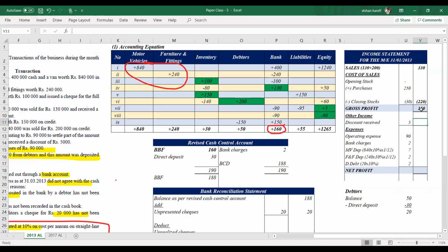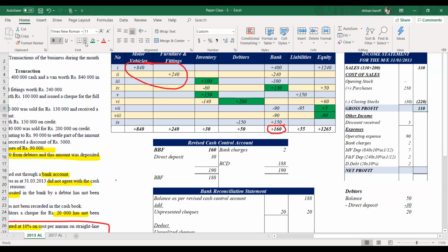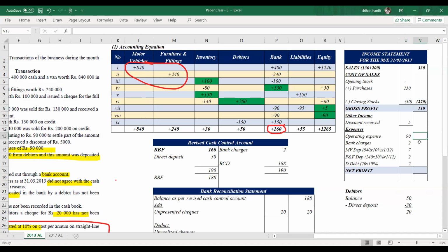Those are the balances. Income is 5,000. Expenses minus 103. So net profit is 12,000. Why should we deduct 30?